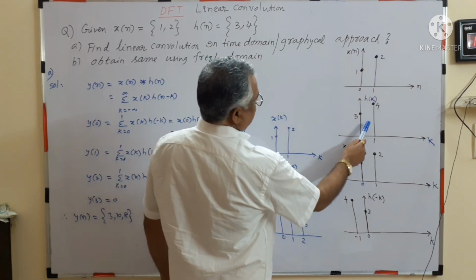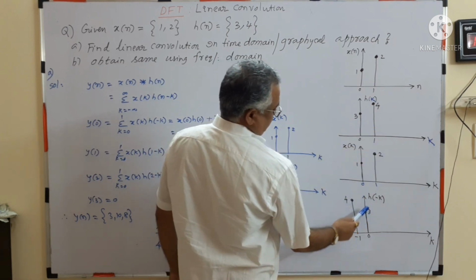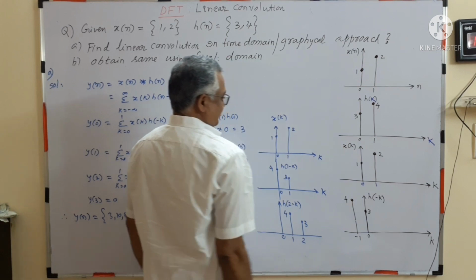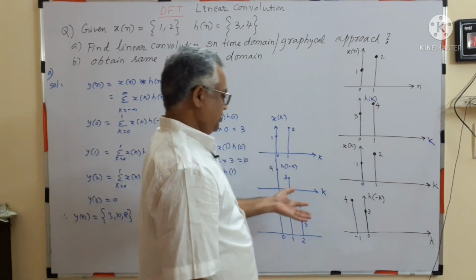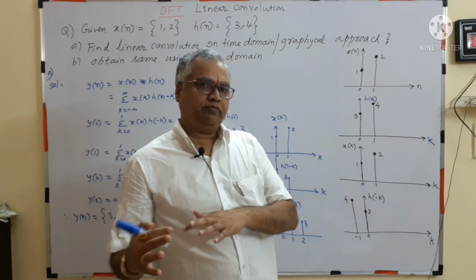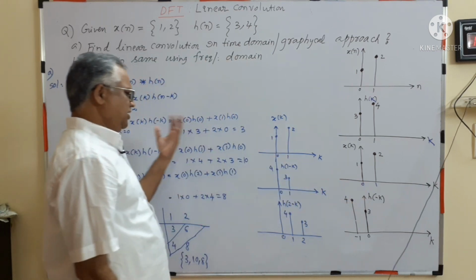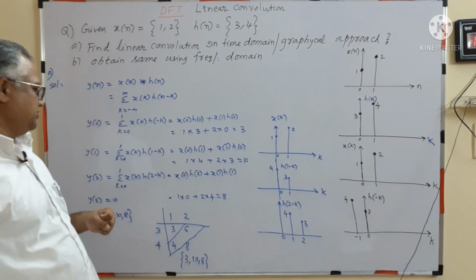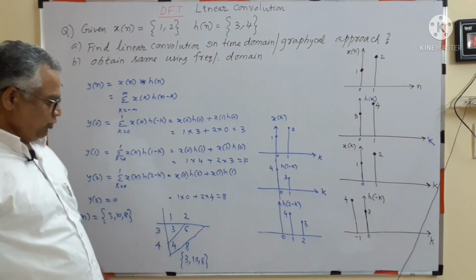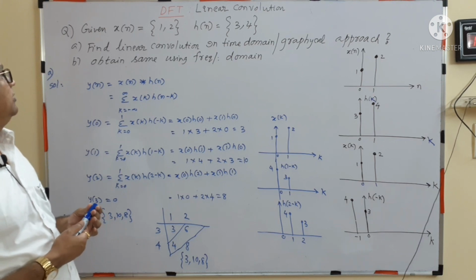Whereas in the first case, with h of minus k, only 3 into 1 remains. So take the folded version, keep shifting, multiply, add, shift, multiply, add. Similarly, you did this in the analog domain in signals and systems; this is the discrete domain. This is how you can do it graphically.